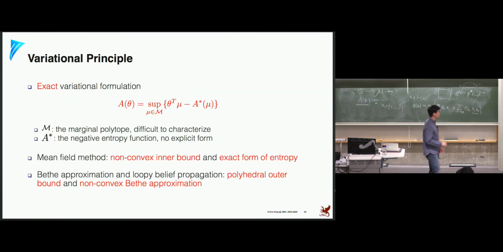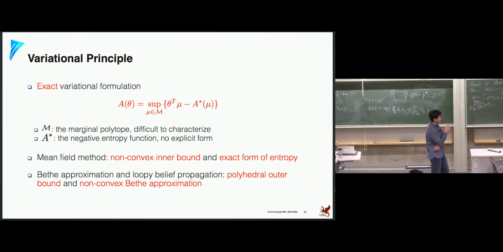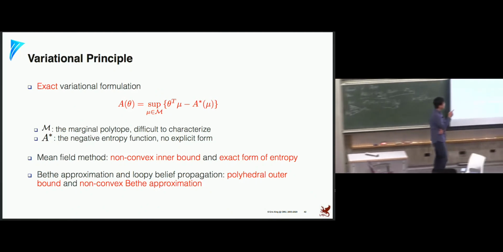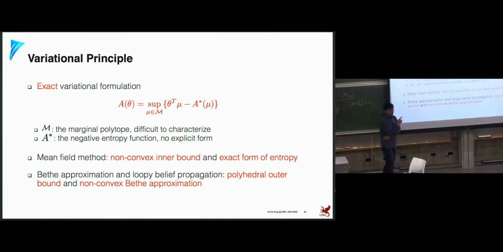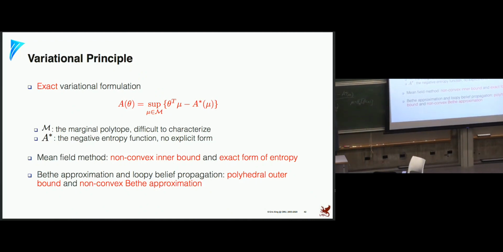Okay, so here are the 2 different methods I mentioned earlier. One is the mean field method, and the other is loopy belief propagation. So we have this unifying view of inference problems as this variational equation. We want to get A, and we try to express this as a variational problem. What mean field does is replace this marginal polytope M with something called an inner approximation.